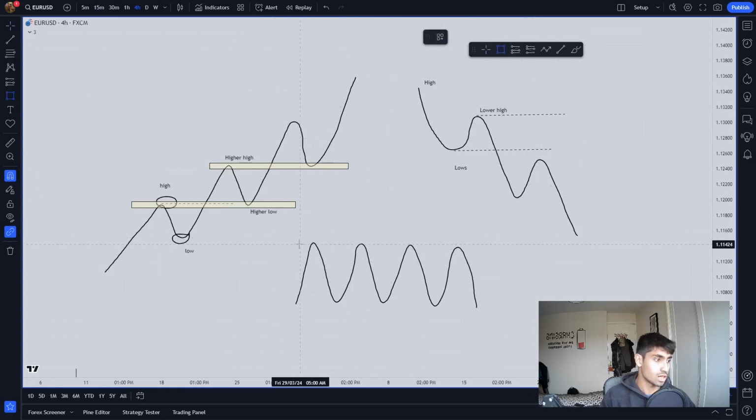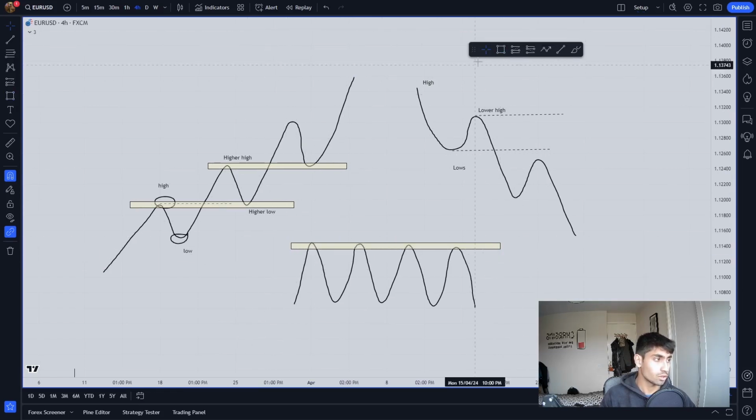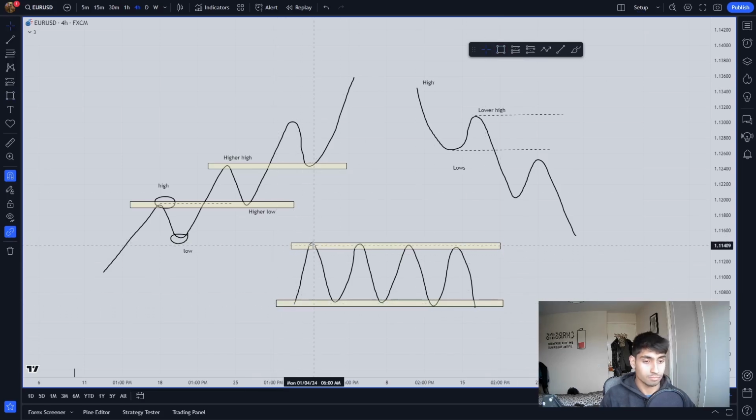Now in periods of consolidation, you get these. So price comes up, strong resistance, reacts, sells off, all the way down to support, reacts, buys up, to resistance, comes down, sells off, and reacts to support, because lots of people are buying here and lots of people are selling here.